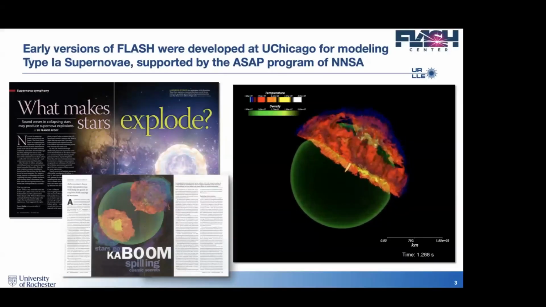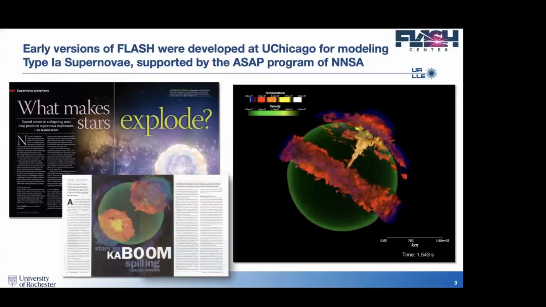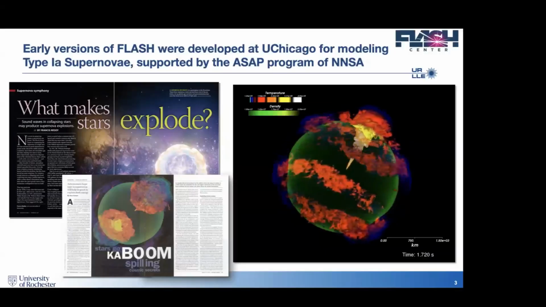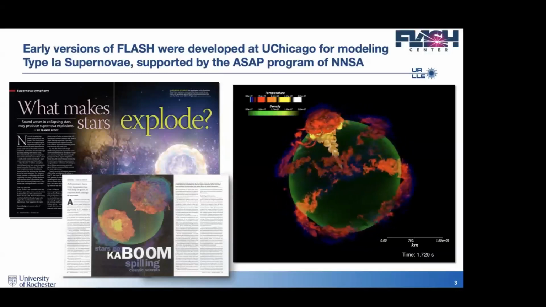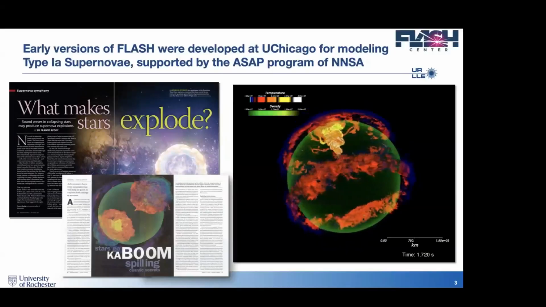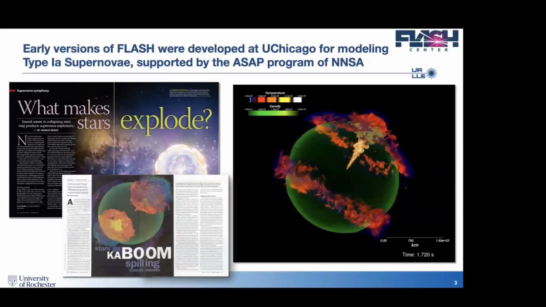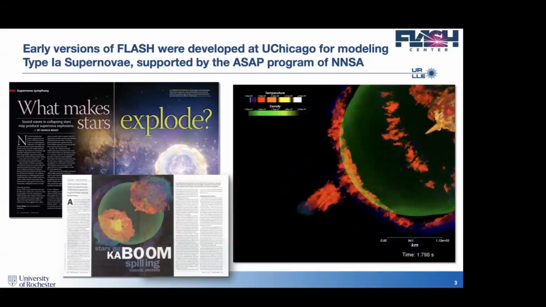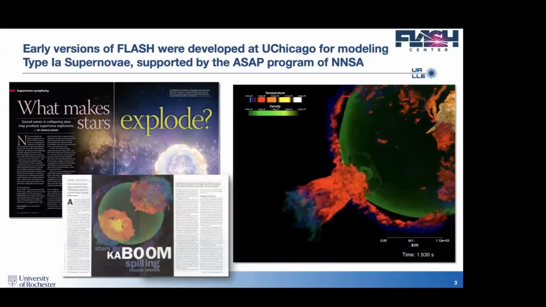For their benefit and for our good luck, the National Nuclear Security Administration in the 90s decided to not only start this race to develop simulation codes that are capable of doing this type of modeling in order to ensure the security of our stockpile, but also fund academics that can work on projects that are similar to what the national labs are interested in, but of course not nuclear weapons.